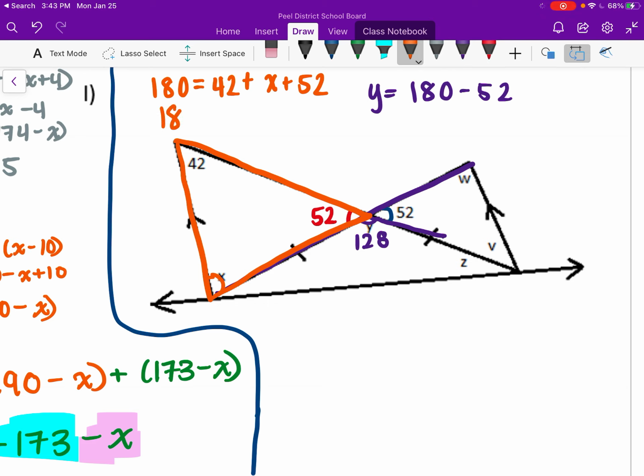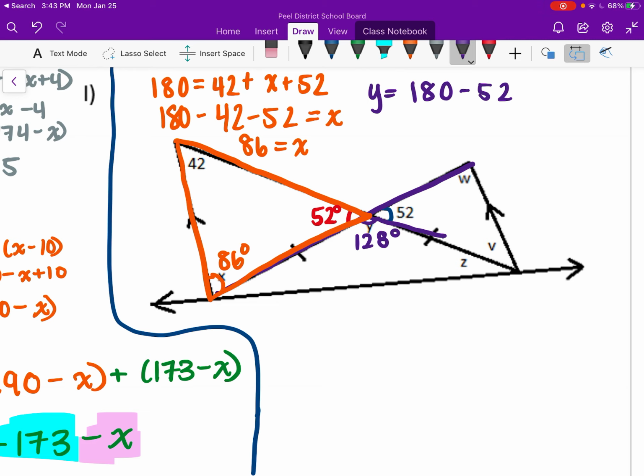So if I want, I can just do 180 minus 42 minus 52 is going to give me x. And if I do that, I know that it's going to give me 86 is equal to x. It's going to go in there and fill out my 86 degrees. I'm sorry that I've been so bad about form, but always make sure you put your degrees in. Right, so I have done this inside triangle.